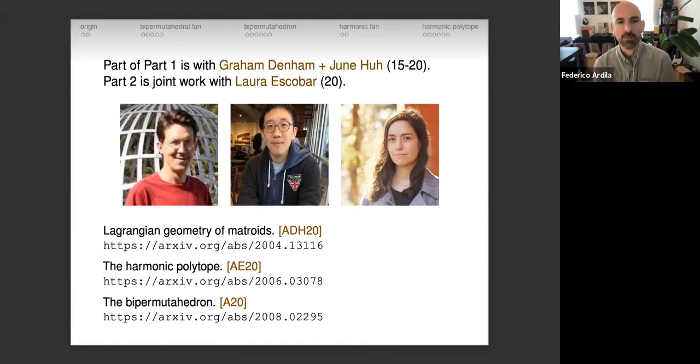I'll begin by telling you an origin story of where these two polytopes come from. They come from a project with Graham Denham and Juni He on matroids, and I won't really talk about matroids very much at all, but I want to at least say where the origin of these things comes from, even if the polytopes in themselves are not matroidal.